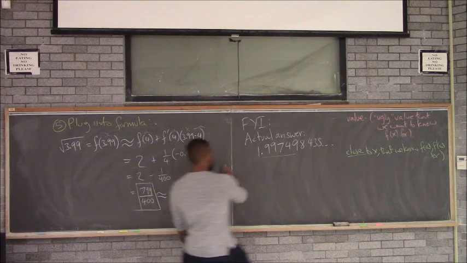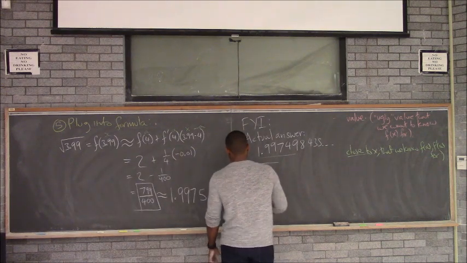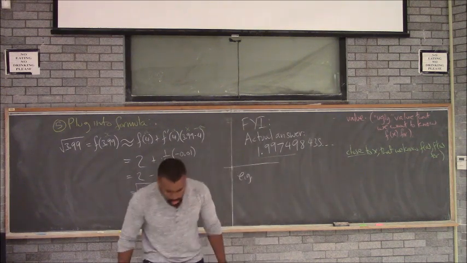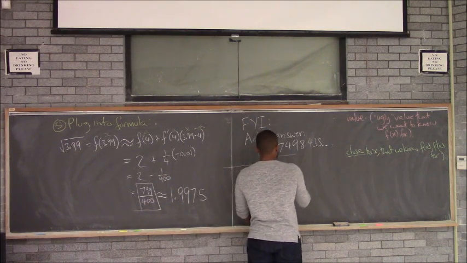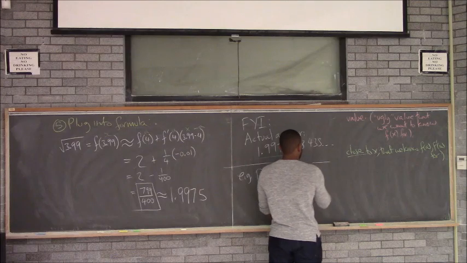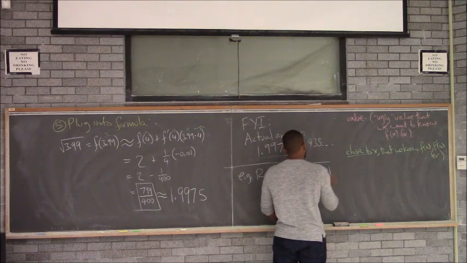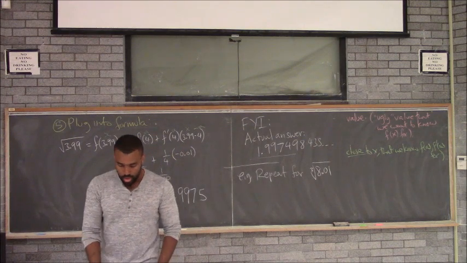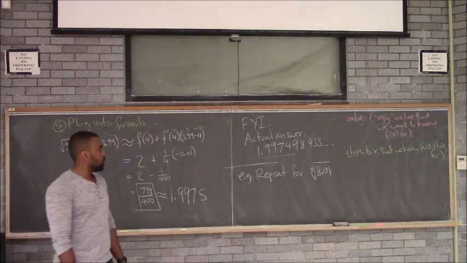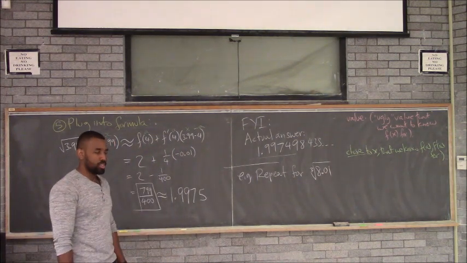In fact, let me leave you guys with another example. Do it for this. Repeat for the cube root of 8.01. You can tell me what would the function be here?